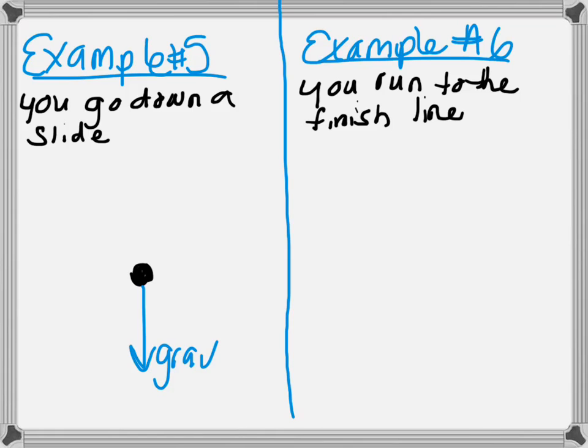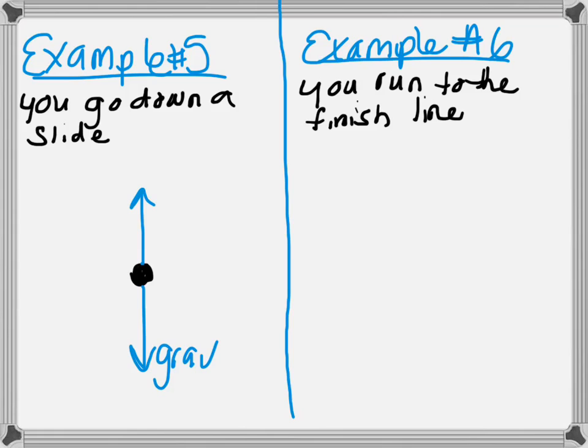Also, if you're going down it but you didn't fall through it, there must be normal force. Applied force is kind of iffy. You can put it or not. But there definitely is friction.